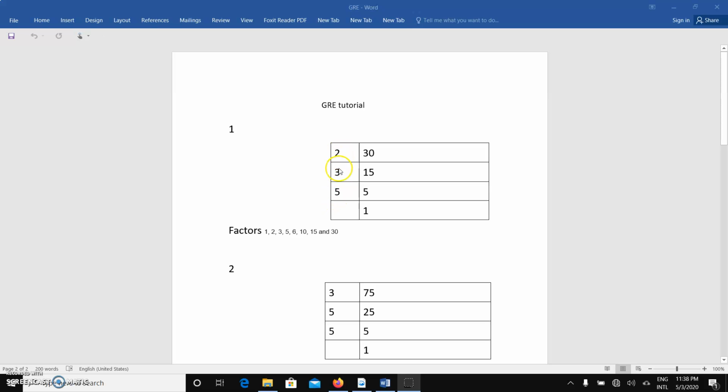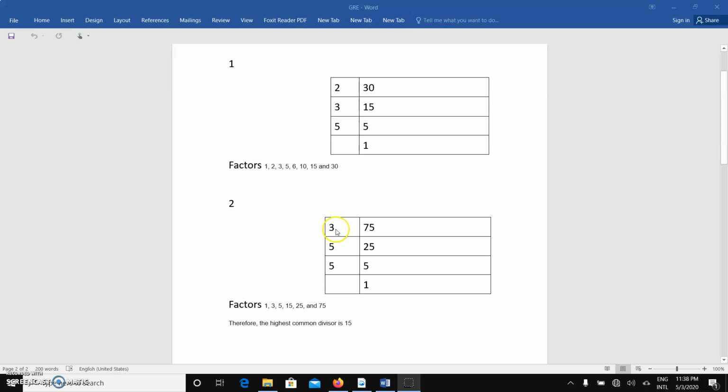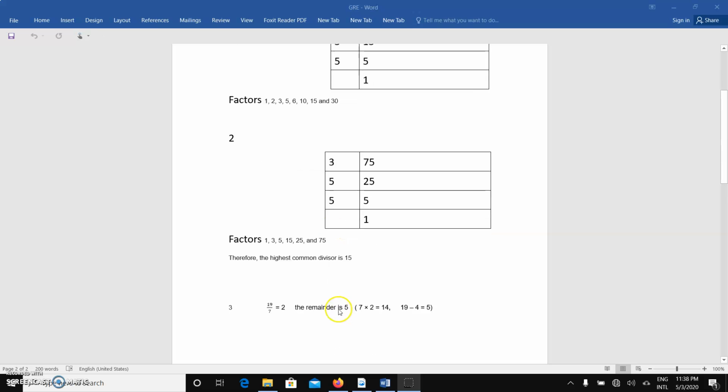I already told you the characteristics of a prime factor. The same thing goes for this one. So the prime factors for this one are 2, 3, 5. Although that is correct based on what I said the other time, for this second one, here's why I made a mistake. Since we used 3, 5, 5, I'm going to concentrate on this. So that will be 3, 5, 5. So 3, 5, 5 are the prime factors.